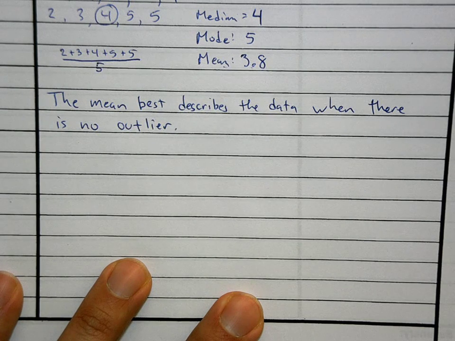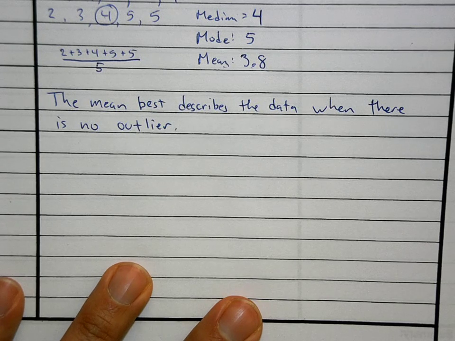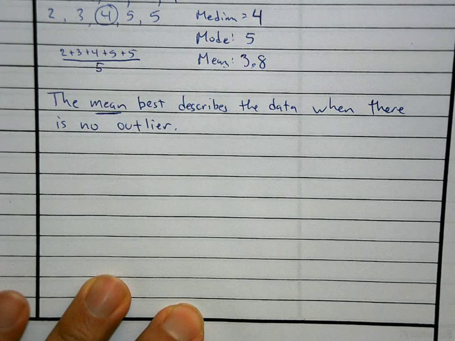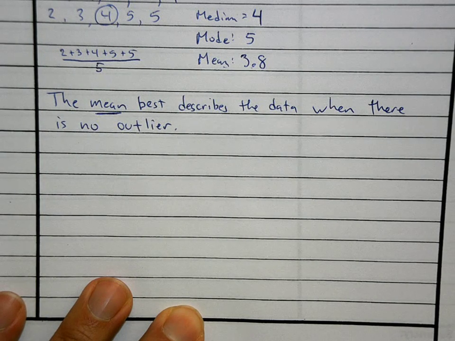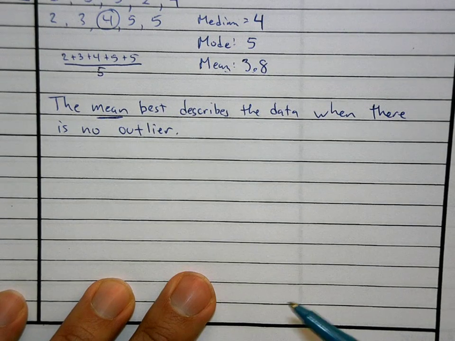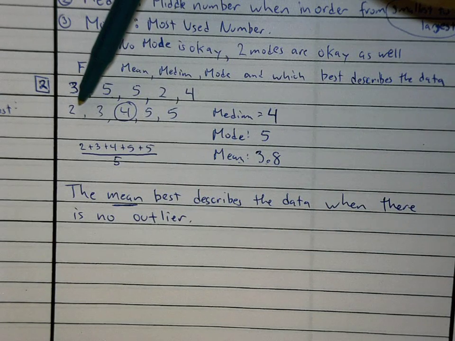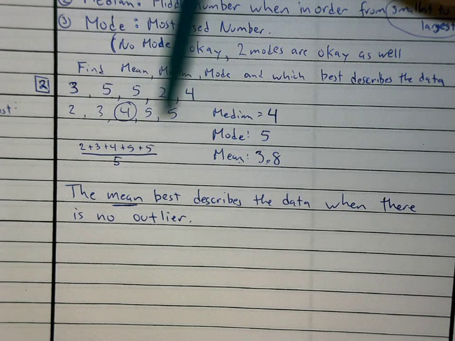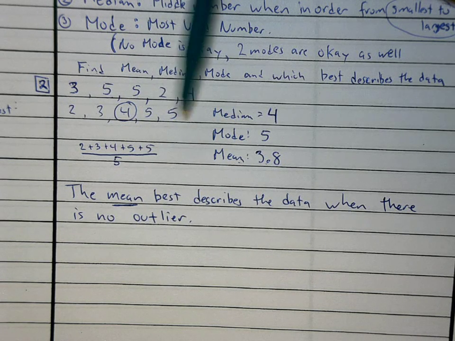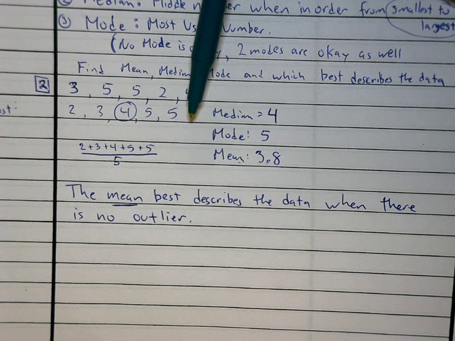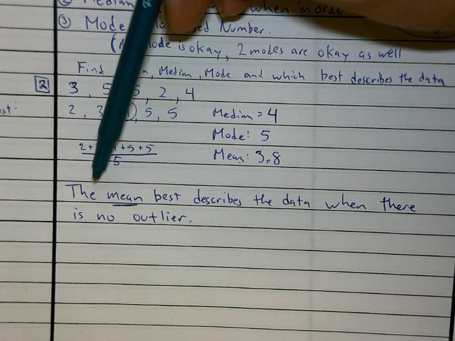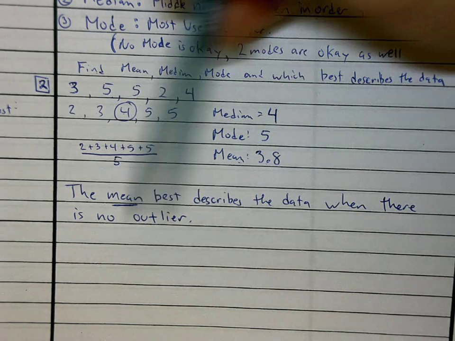The mean best describes the data when there is no outlier. An outlier is a number that is way far away from the other numbers. So what I do when I look at this is I look at 2, 3, 4, 5, 5. Are all these numbers really close to each other? Are all these numbers kind of next to each other on the number line? If so, the mean best describes the data when there is no outlier.